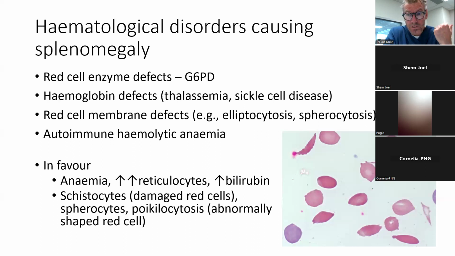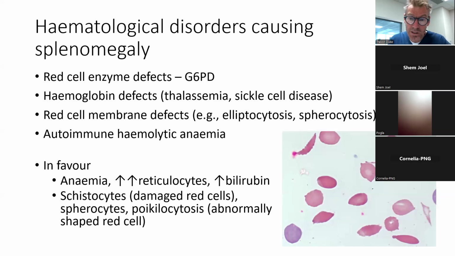All of these congenital red cell abnormalities, or inherited anemias, will lead to an abnormal size or shape of the red cells, and that will lead to more of the red cells being blocked within the vascular sinusoids of the spleen, not being able to get out and being phagocytosed, and then the spleen increases its function and increases its size.